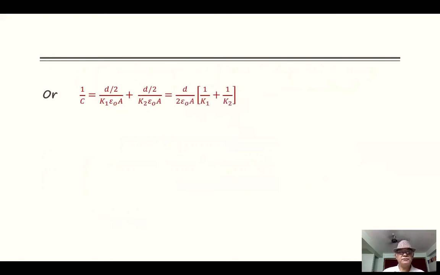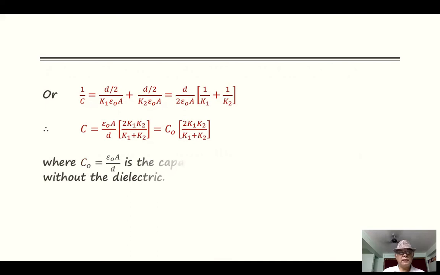Substituting the values for C1 and C2, we get this equation. Therefore, C is equal to, as seen in the equation, and final expression is C equal to C naught within bracket 2 K1 K2 divided by K1 plus K2, where C naught equal to epsilon naught A by d is the capacitance of the parallel plate capacitor without the dielectric.